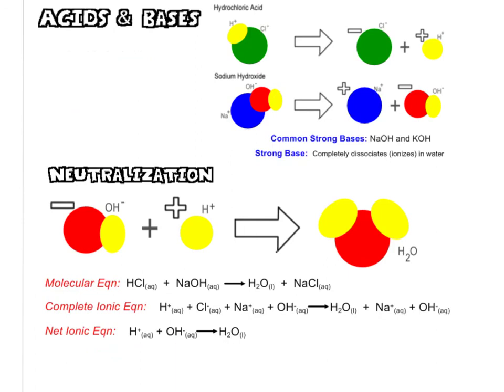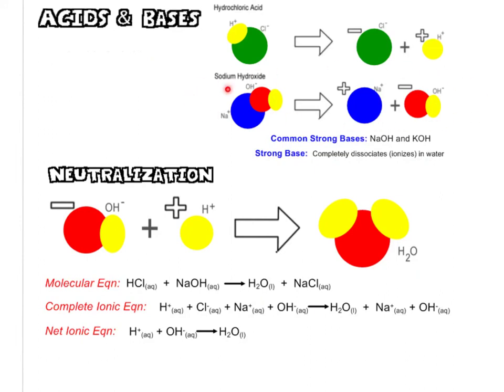So now what happens when we mix acids and bases together? We already said, we know, we form water. So let's take a little bit of a look at bases now. A strong base, just like a strong acid, completely ionizes in water. A strong base completely dissociates or ionizes in water also. And here's an example.